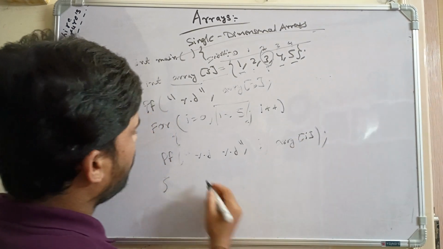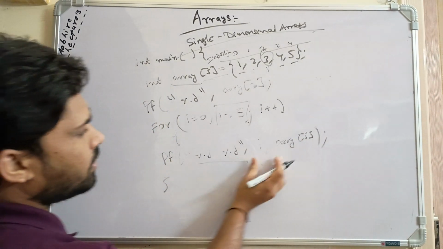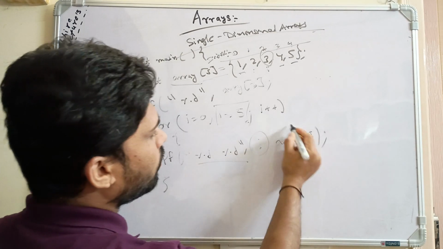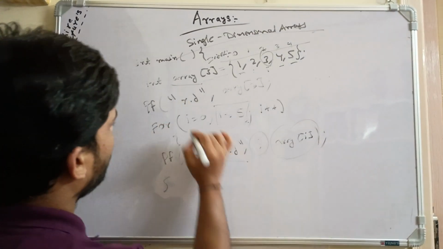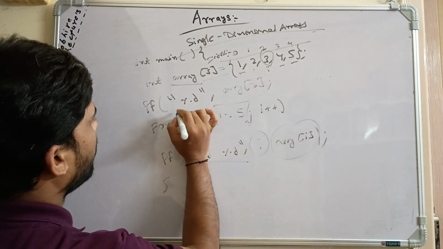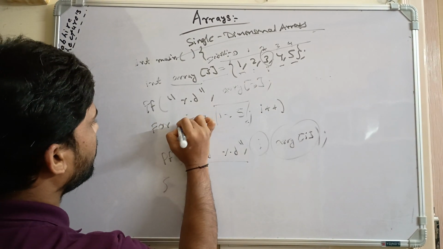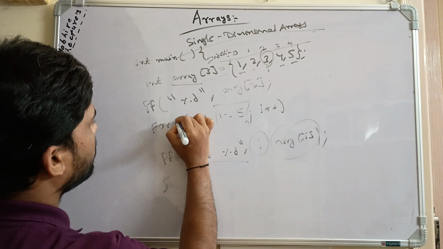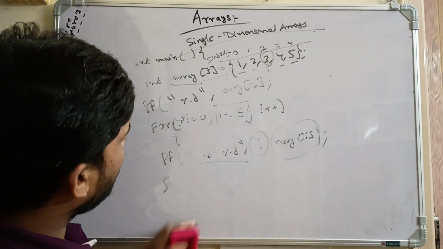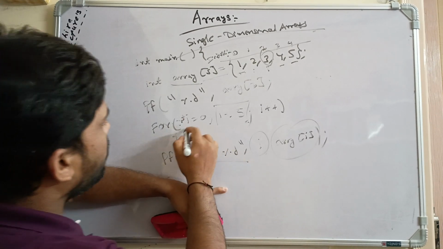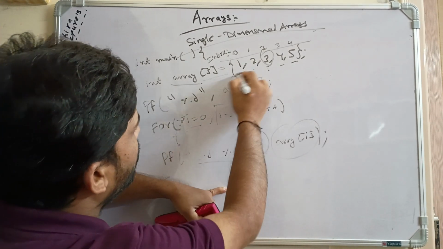So one percentage d is for printing i, and one is for printing array of i. Here I didn't declare, you can declare int here only: int i equal to 0. Then it will check the index i equal to 0. 0 means 1, it will print.